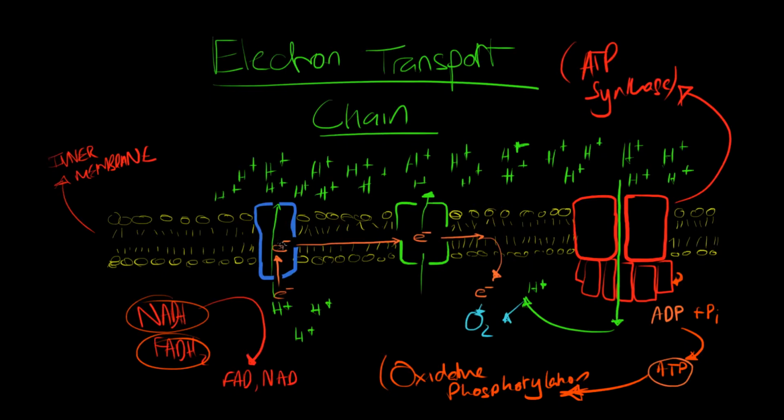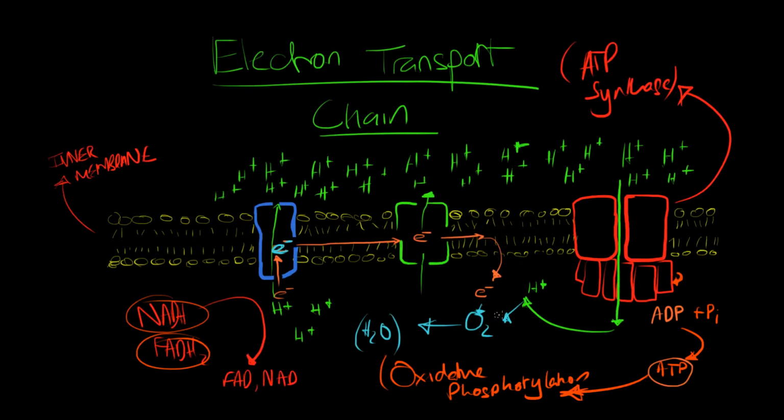And this is important to keep the ETC going. As you can see, the reason why these electrons are moving from carrier to carrier is because they're being used up, in a sense, by the O2. If the O2 weren't accepting the electrons and the hydrogen ions to form, by the way, let me just explain what happens here, H2O, which is a product of respiration. If this conversion of oxygen to H2O was not occurring, then you'd get stagnation of electrons in this end, and respiration would backtrack on itself, if you see what I'm saying.